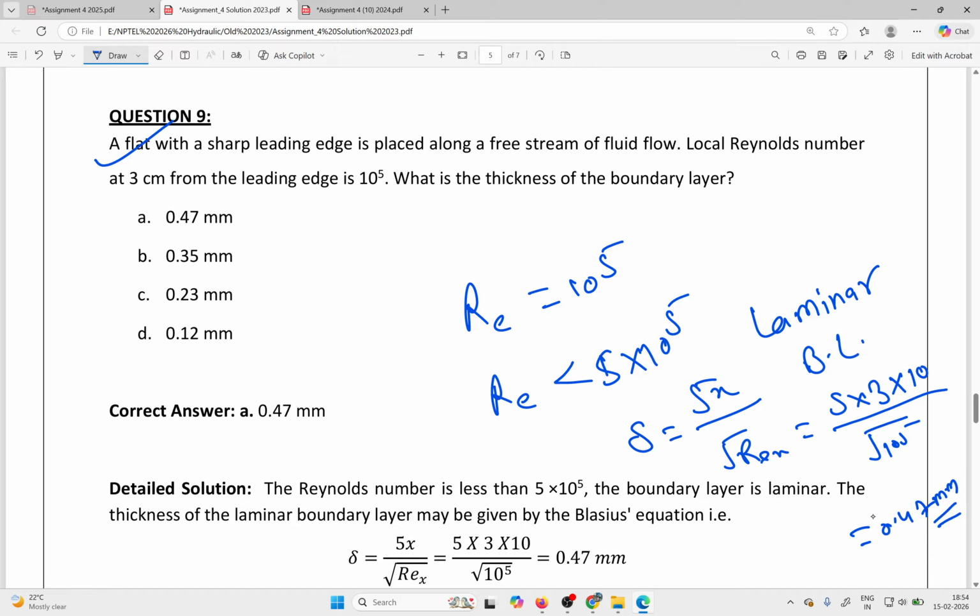You can just think on that. Even it is not 1 mm, it is 0.5 mm, the thickness. So you can just imagine how thin it is, very thin. Whatever line I am drawing, it is 1 mm. So less than half of this line is your boundary layer thickness.